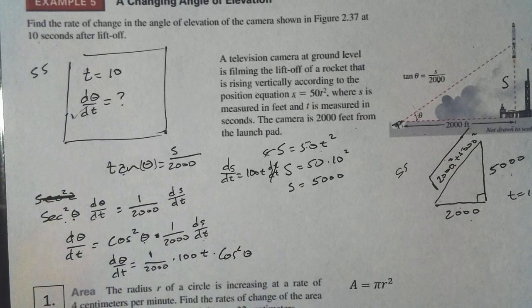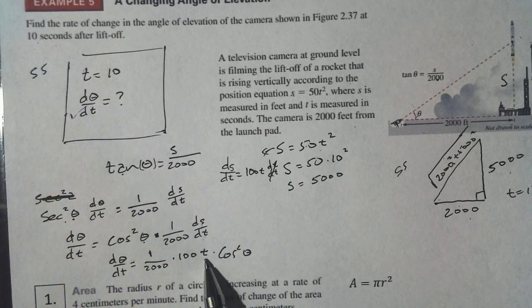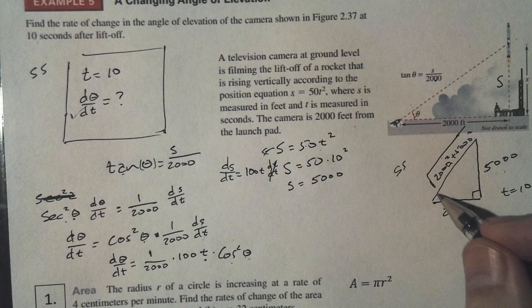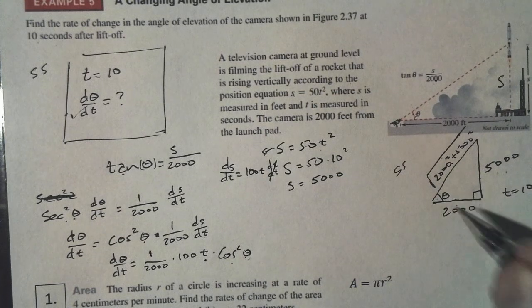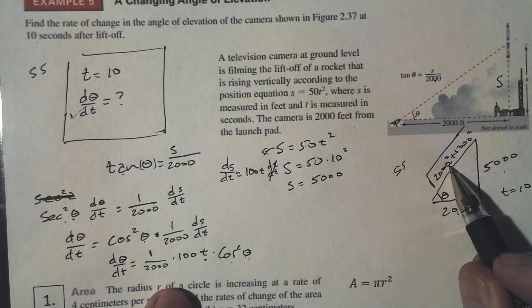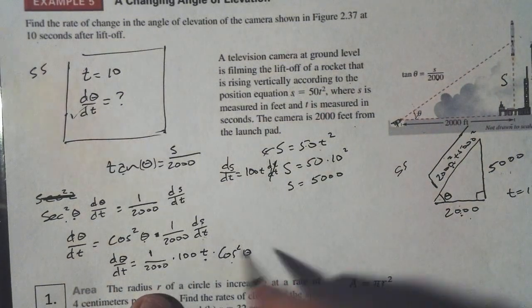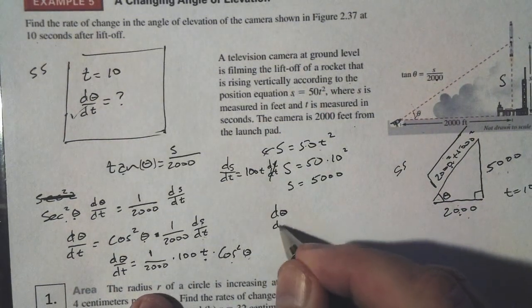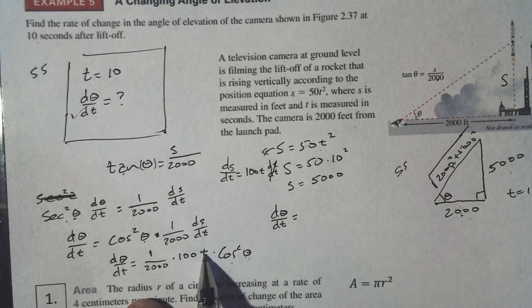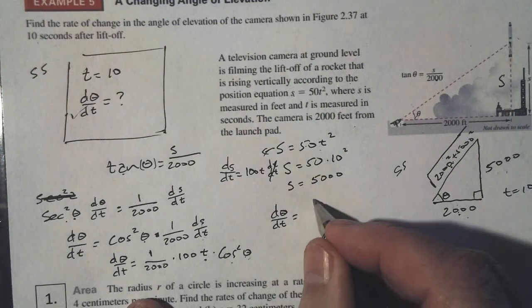Okay, well that's great, but I need to know what t is. Oh, t is 10. Well, that's great, but I need to know what cosine is. Cosine is x on r, adjacent on hypotenuse. I've got it all. It's a big mess, but I've got it all. d theta dt, simplify this, that would be t on 20.